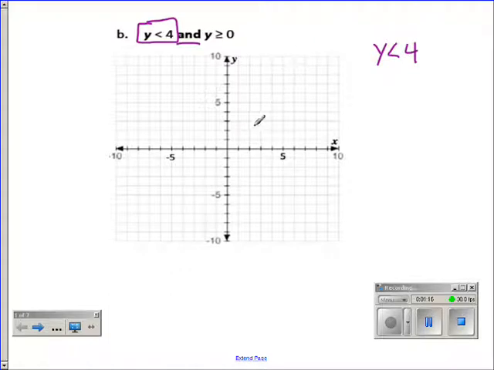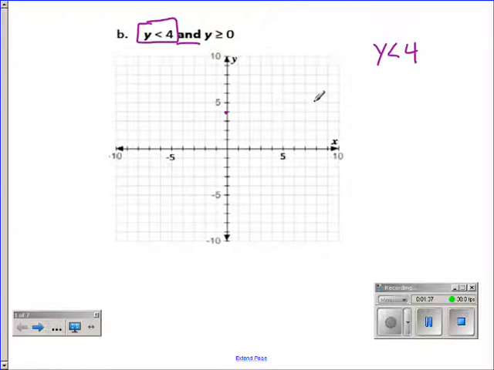I'm going to go to my origin, go up my y-axis to 4: 1, 2, 3, 4. So there's where y is 4. If I were to draw a horizontal line across here, that's everywhere that y is equal to 4.